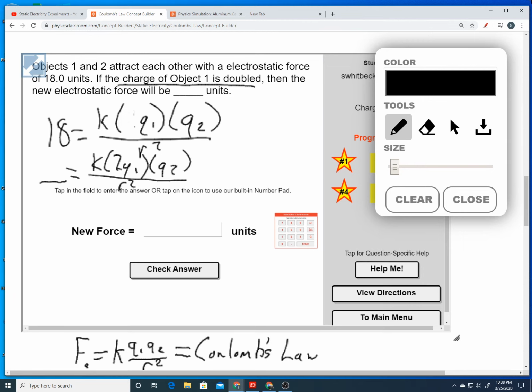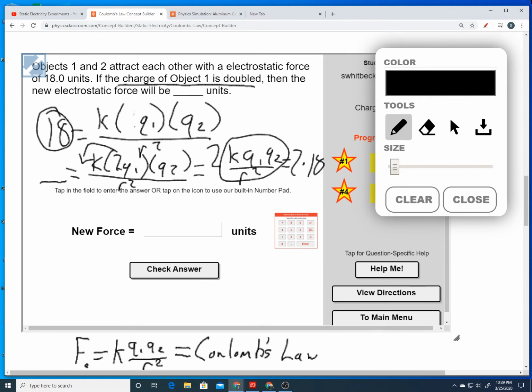Just like before, my goal is to get it to look like the original problem. I'm going to pull the 2 out: 2 times my equation. And I know that this equaled 18. So I have 2 times 18, or in other words, 36.